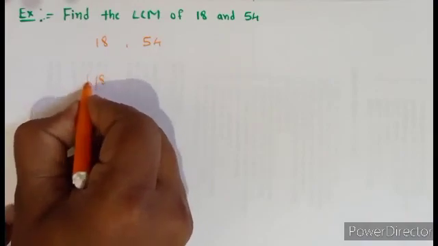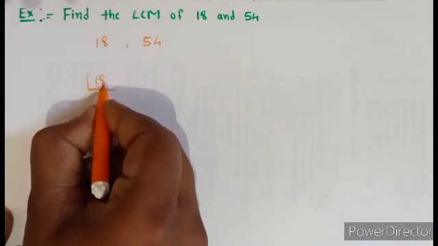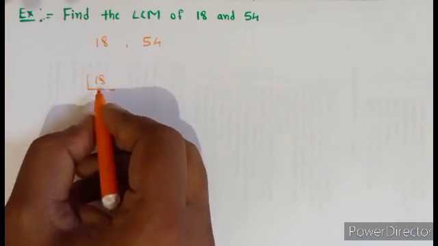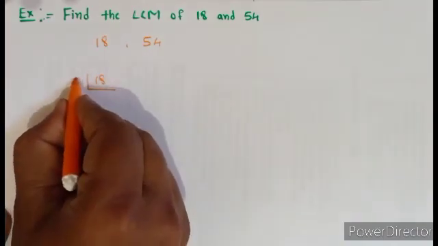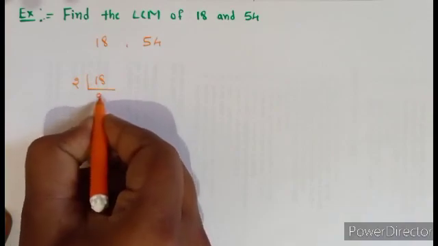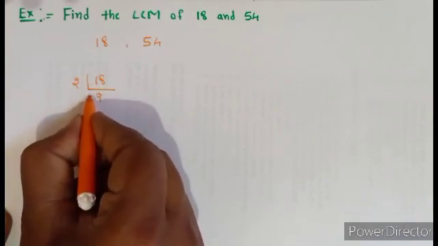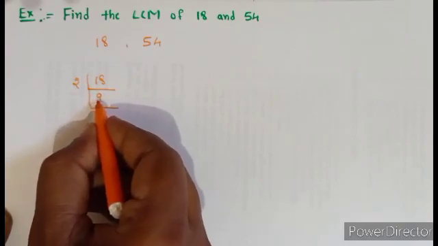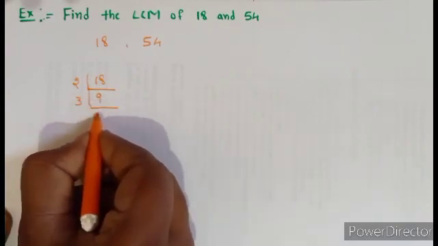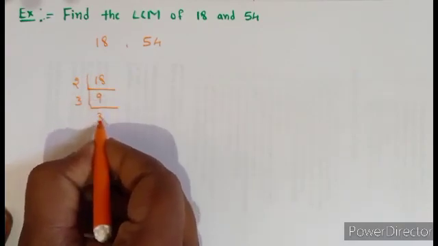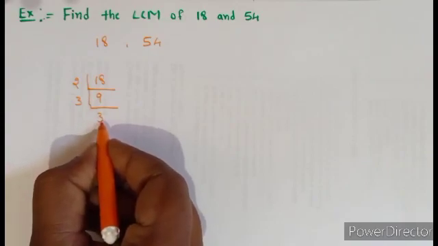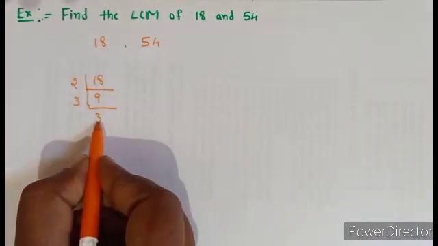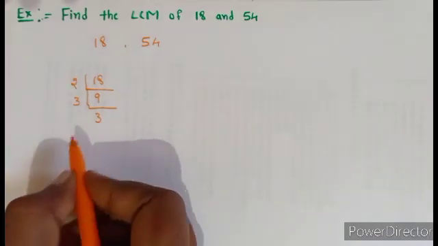All of you see here. Here in the ones place 8 is there, so this number is divisible by 2. 2 nines are 18, 9 twos are 18. And again this 9 is divisible by 3, right? 3 threes are 9. Here 3 is the prime number, so we can't continue, right?